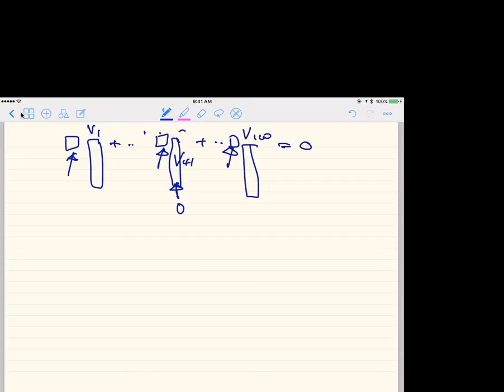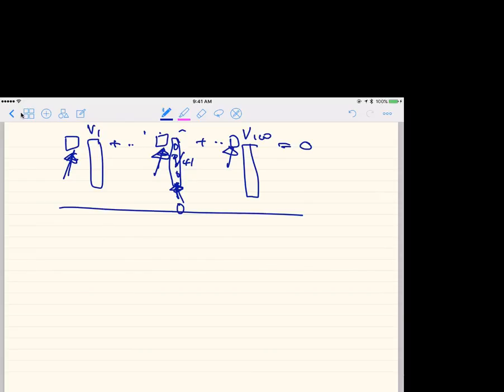So the situation is, we are given 100 vectors, and we know one of the vectors, for example V41, is a completely zero vector. In this case, what would be the non-trivial solution that satisfies this equation?